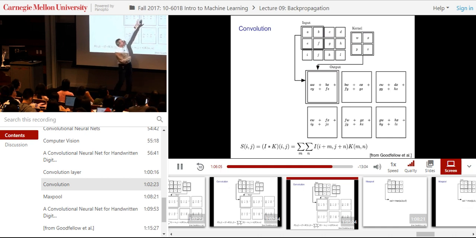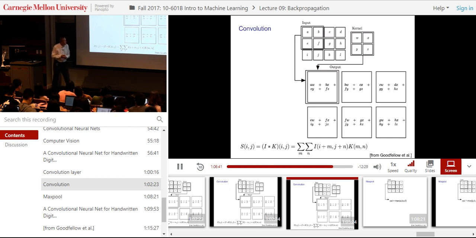Because if it learns W, X, Y, and Z as a good detector of Hillary's face, then it's going to be applying that same detector everywhere in the image. It's doing the scan of the image, looking for whatever feature it's recognizing. It's looking for it everywhere. And it's outputting a 3 by 2 array of values that correspond to applying the same kernel filter matrix, but just scanned across the image.